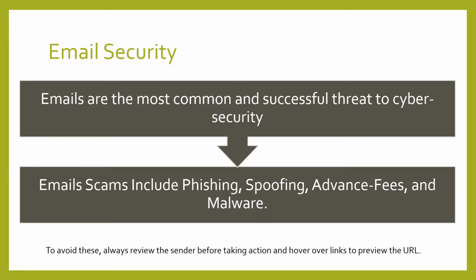Now, although we're going to go over them individually, it's important to note that there's a few things that we can all do to make sure that we're not going to get attacked by them, or successfully attacked, better said. The first is always to review the sender before going on any links or before replying. And the second is checking the URLs.